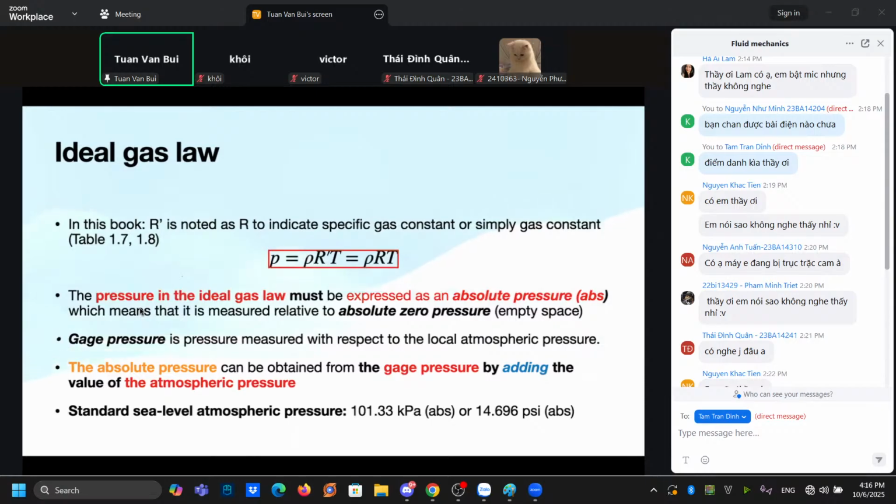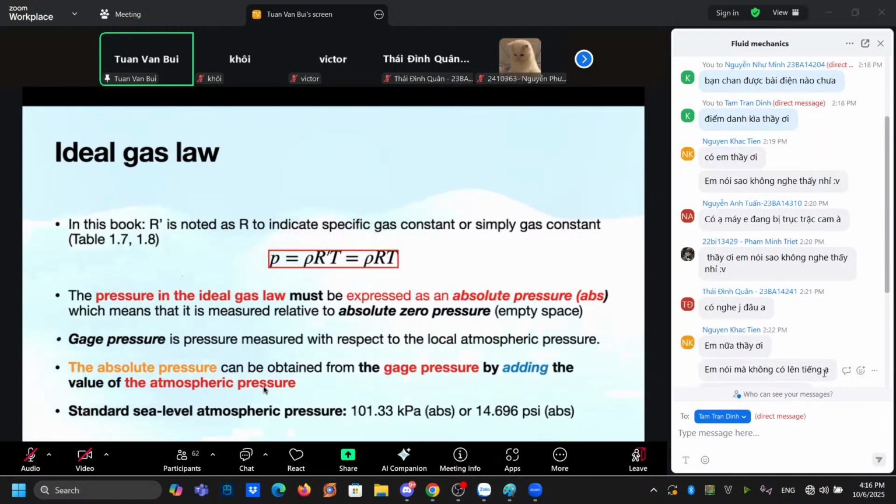The gauge pressure is measured with respect to the local atmospheric pressure. So the absolute pressure can be obtained from the gauge pressure by adding the value of atmospheric pressure.